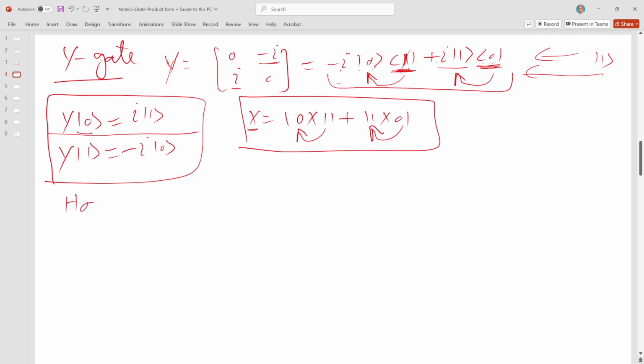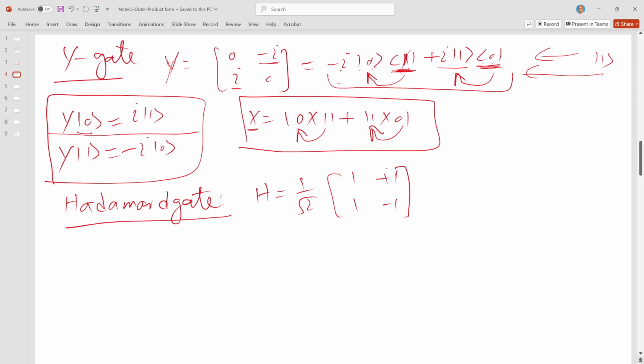Let's see the Hadamard gate. So the Hadamard gate was specified by this matrix. So in the outer product form, this would be |0><0| plus |0><1| plus |1><0| minus |1><1|.